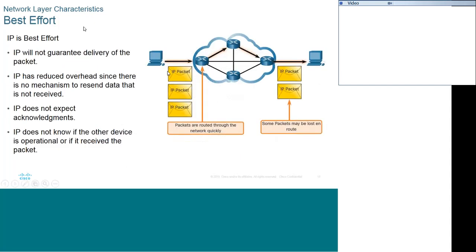Best effort means IP does everything possible to send the packet from the source to the destination. Everything required regarding the IP, the addressing and the routing, is ready to be sent, but there is no guarantee of delivery, as we have said.